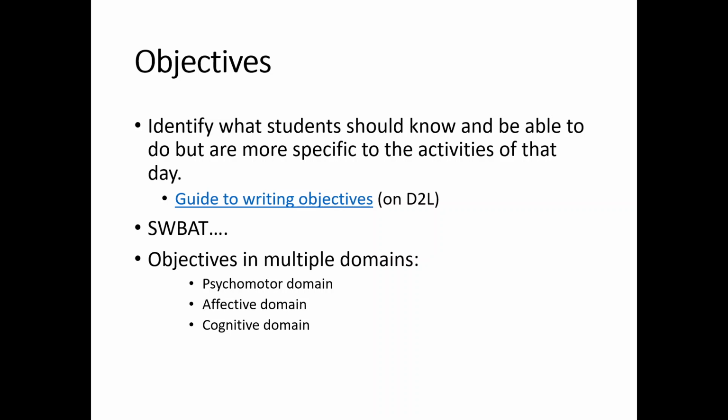Usually in the cognitive domain, the way we measure this is by writing a response to some type of question. So write the objective in such a way that you would measure that cognitive learning, that thinking, usually with pen and paper, or by discussing verbally your response to some type of question.